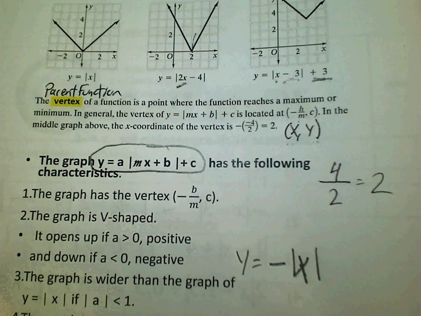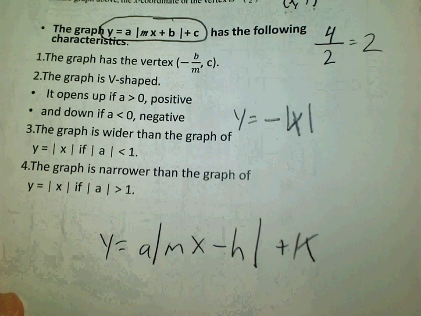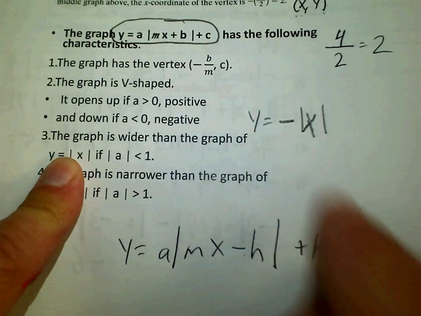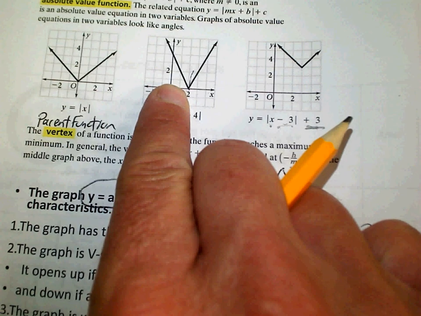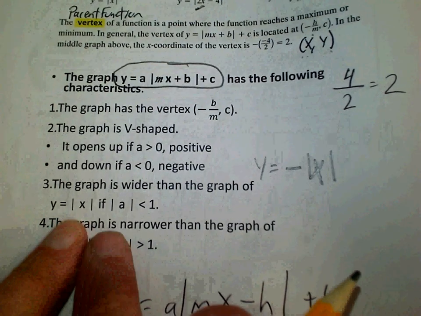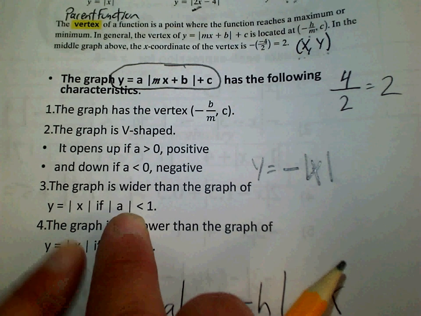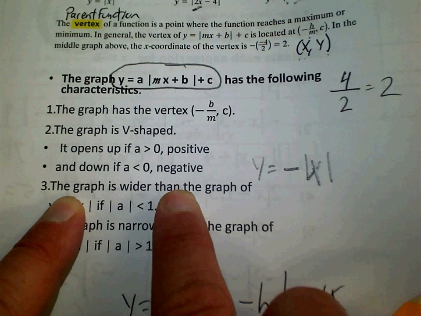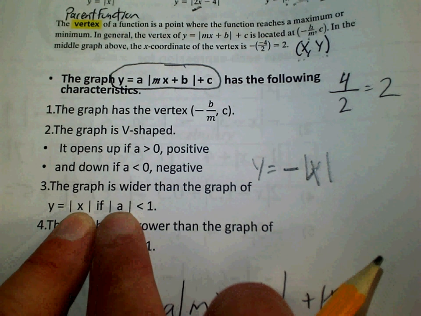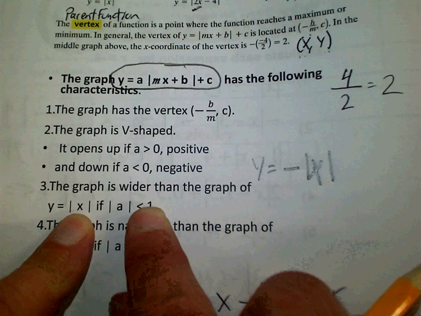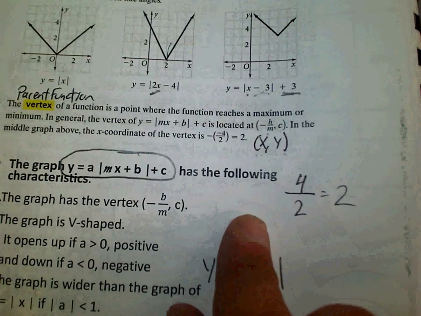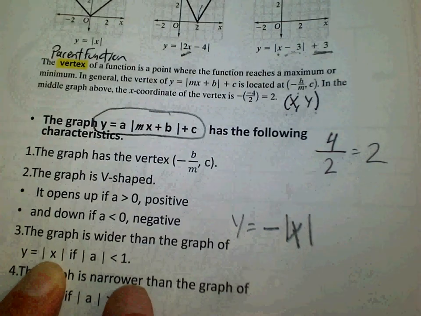All right, so the A, that number in front, can also affect your graph. How it affects your graph is the graph is wider or fatter if A is less than 1. It's kind of the same deal. Anytime it's less than 1, like a fraction, you rise less, run more.